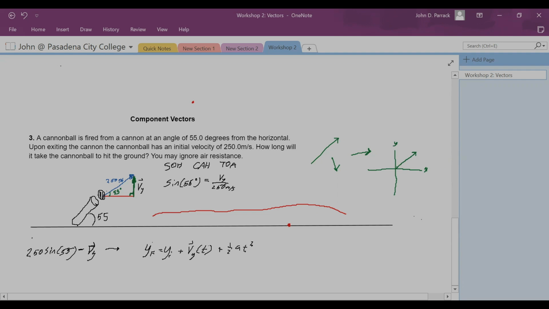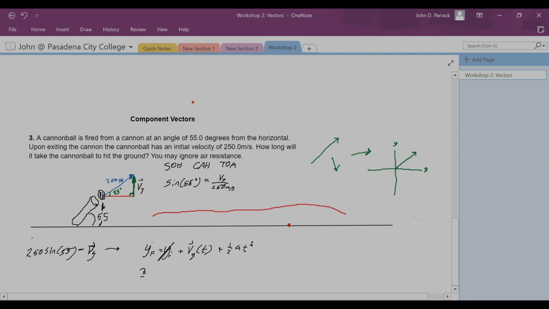And then if we look at this a little bit further, we can see that it's starting from 0, right? We'll assume that the cannonball is launched just from 0. Maybe it's really launched from some height here, like maybe a 1/2 meter or something like that, but they don't say that in the problem. We're not too concerned about that. And we want to know when it hits 0. So here's just going to be 0. This is going to be 0.